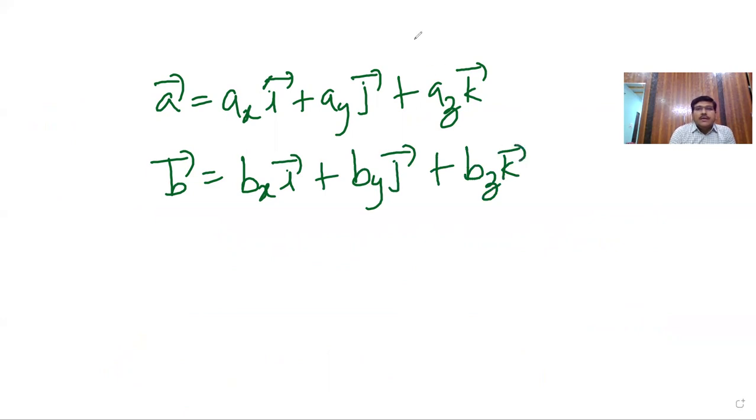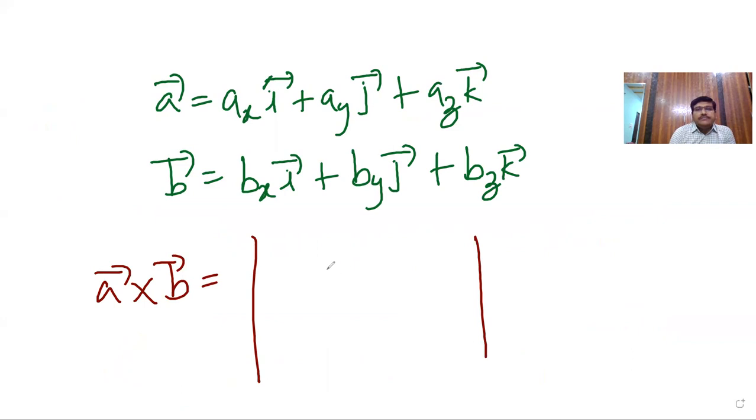Then always remember, a bar cross b bar is given as the determinant of i bar, j bar, k bar, then the coefficients of the first vector ax, ay, az.